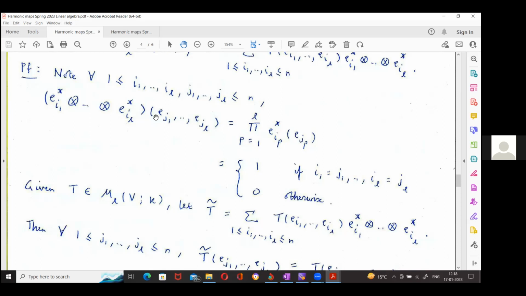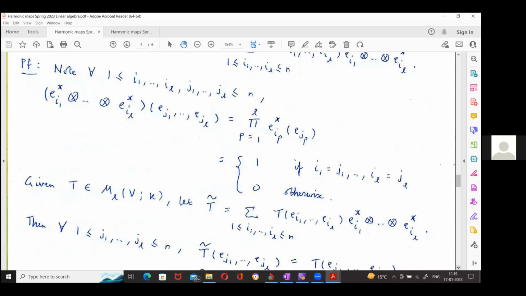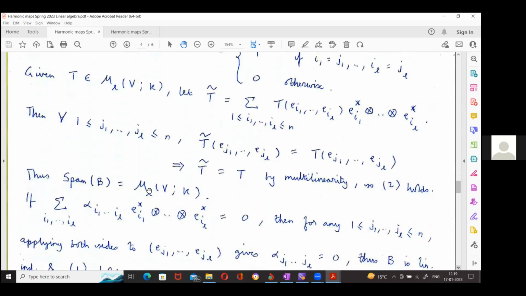Okay. So now if I take a T, which is an L multilinear function, I define another L multilinear function T tilde, which is the sum over indices I1 to IL of T of EI1 to EIL times this tensor product, EI1 star tensor EIL star. The claim is that T tilde is equal to T. Why?